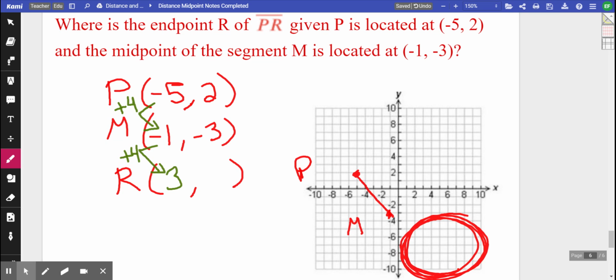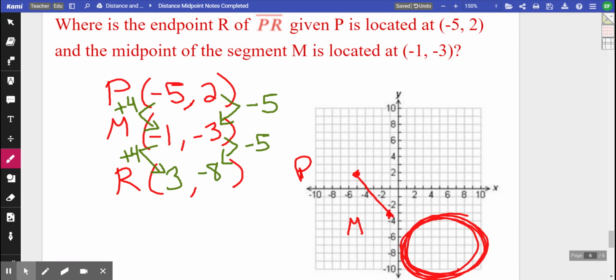Let's do the same idea now with the y values. To get from 2 to -3, we would subtract 5. If we do that again, -3 subtract 5 is going to give us -8. So that means our location for the other endpoint, R, is going to be 3, -8.